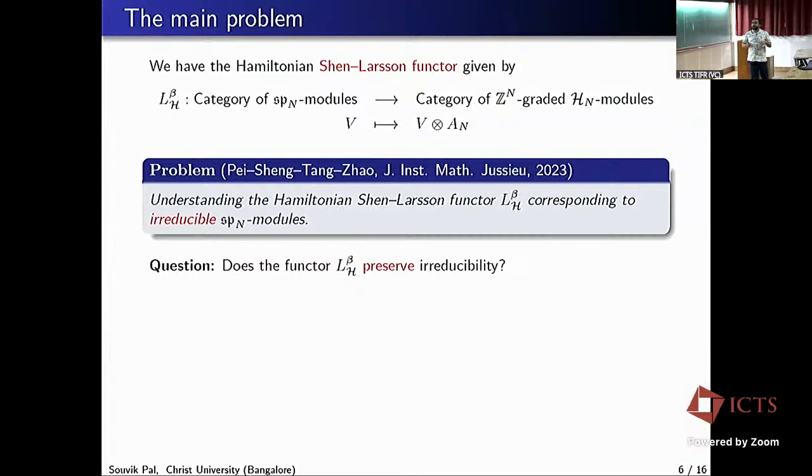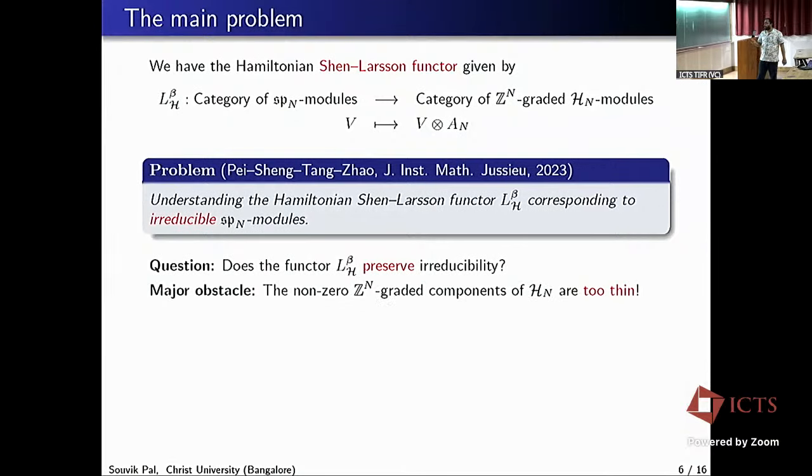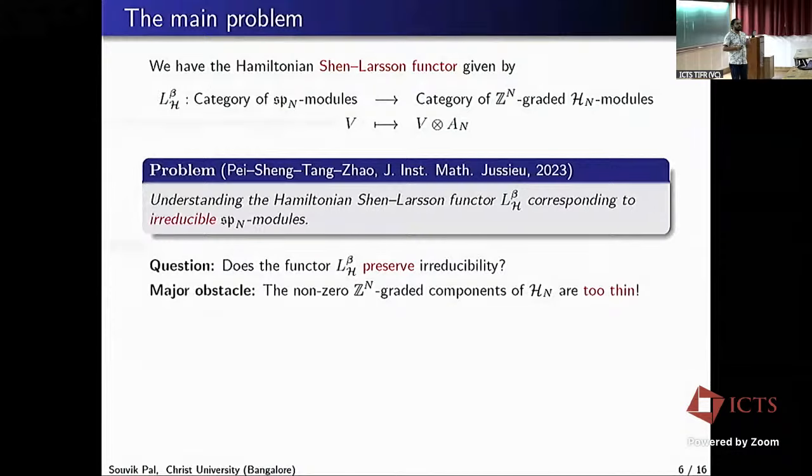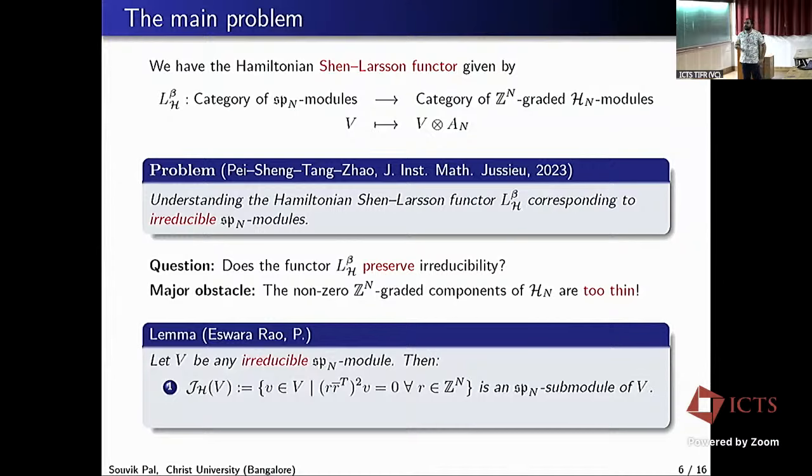Okay. So one of the main problems with working with this, rather than Wn and Sn, is that the non-zero graded components of Hn are too thin. As I told, they are only one-dimensional. So it becomes very difficult to work with it. That is one of the main constraints to answer this question. So for this we needed some characterization lemma.